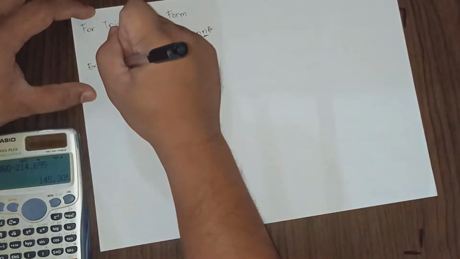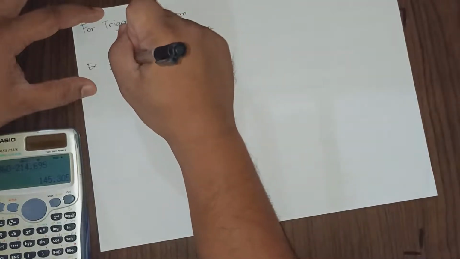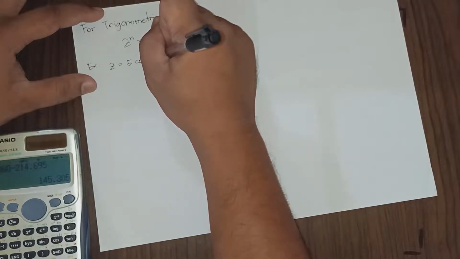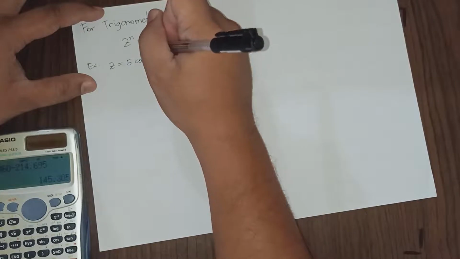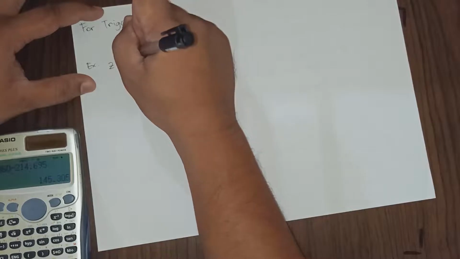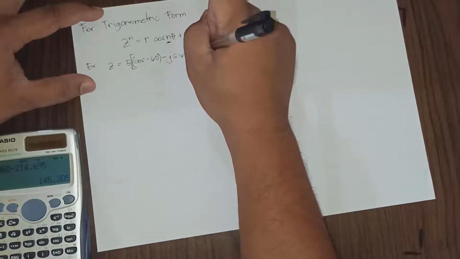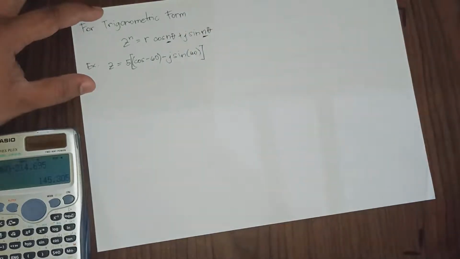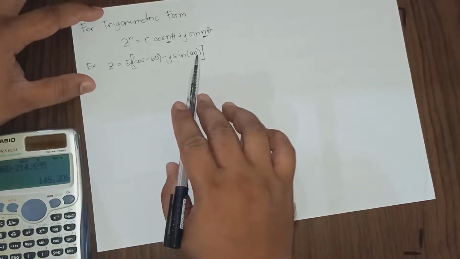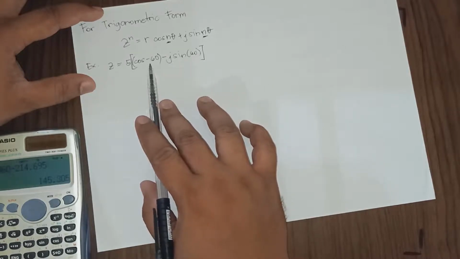we have z is equal to 5 cosine negative 60, let's say, minus j sine of 60. Don't be confused, class. The two are not the same because the negative is already there; of course, you don't negate it again, so it becomes positive. So, that is just also negative 60.